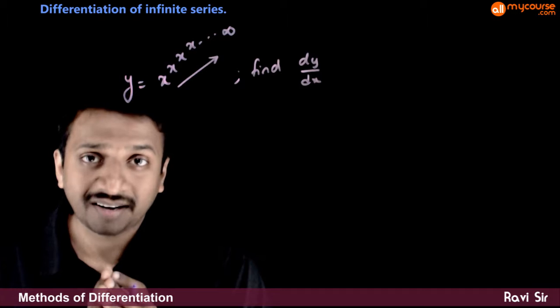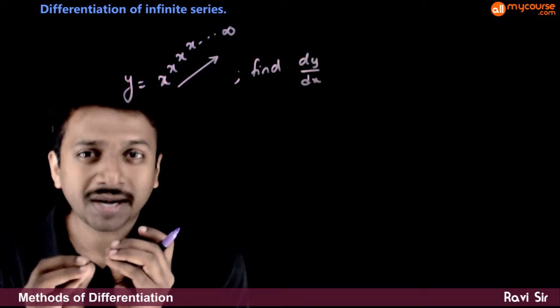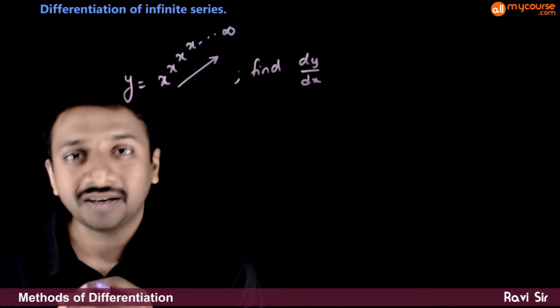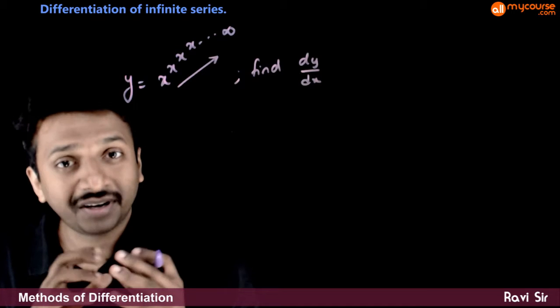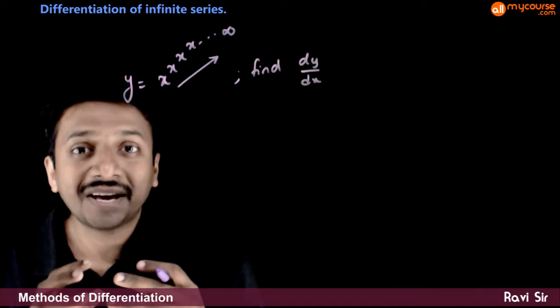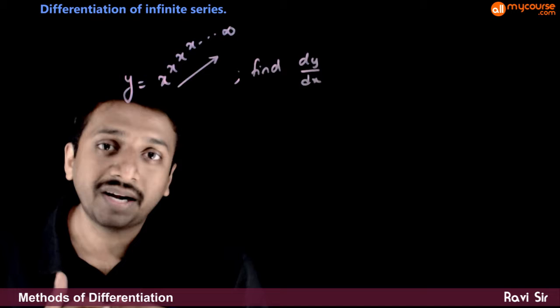So we use the fact that if we remove one term out of infinite terms, so if you remove one term from an infinite series, the series won't get affected.